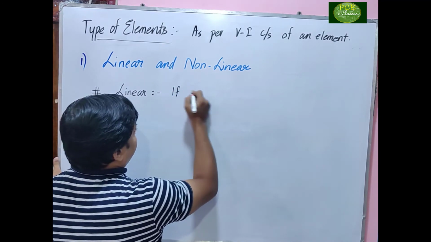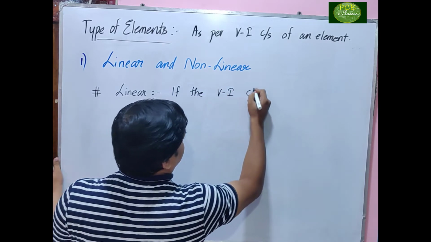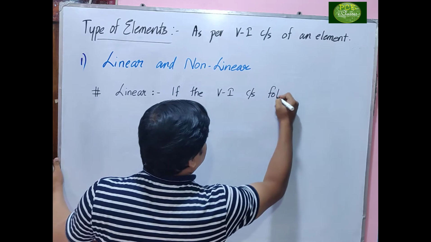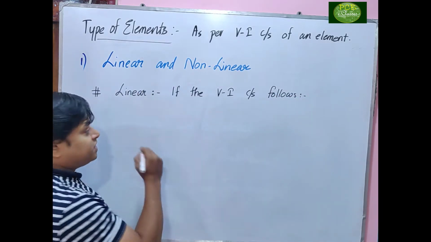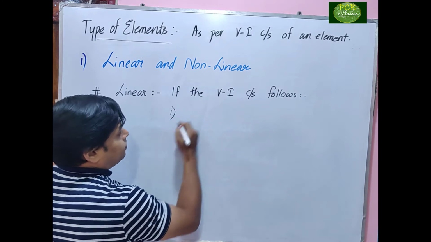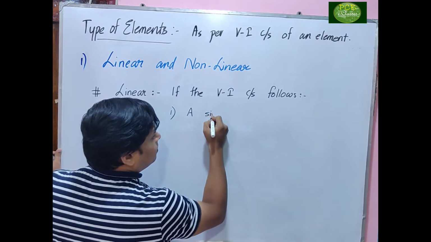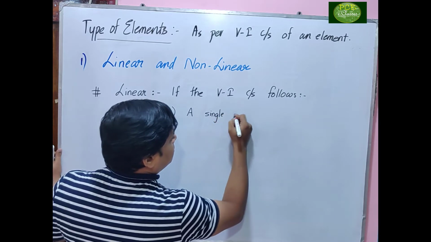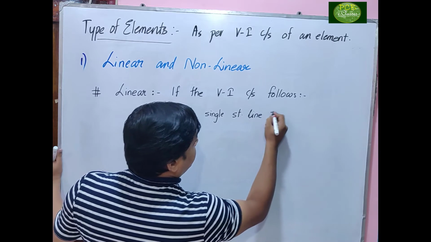If the VI characteristic follows, first point, a single straight line equation.